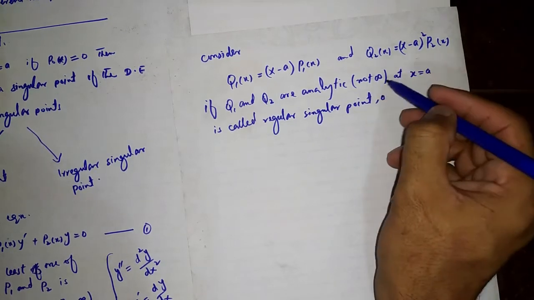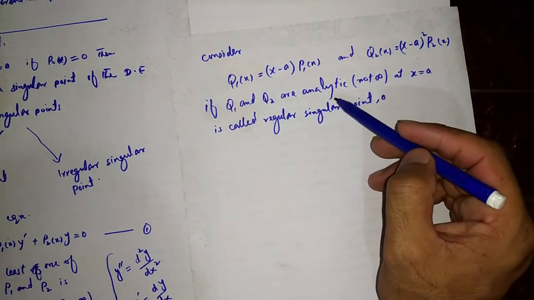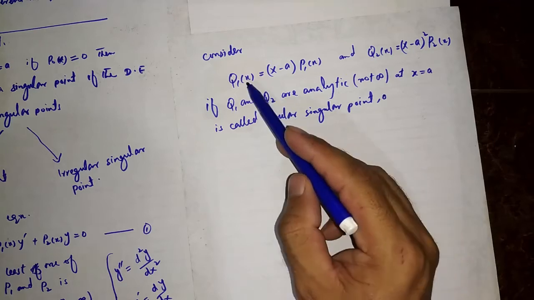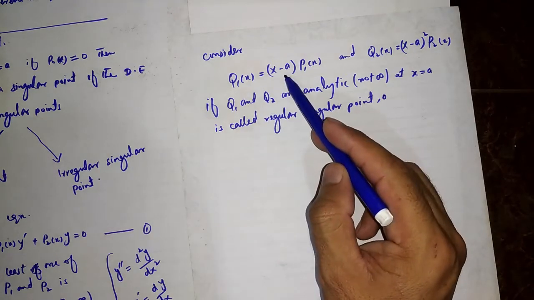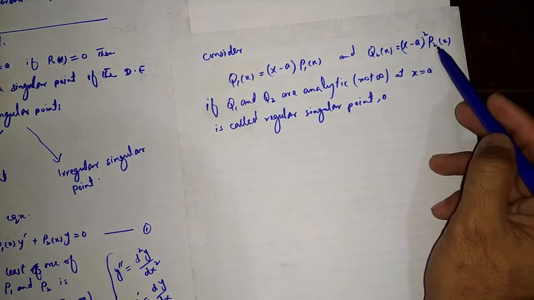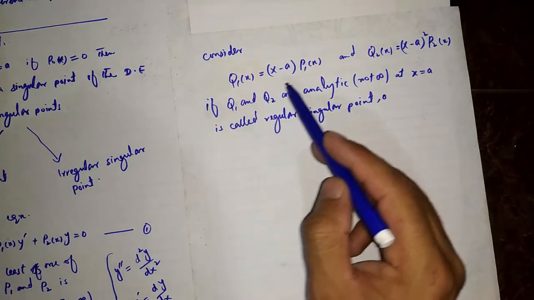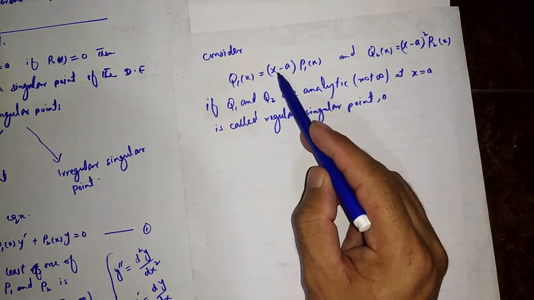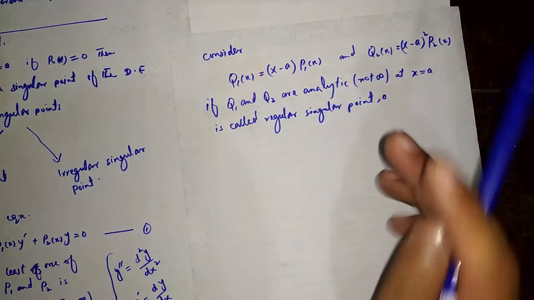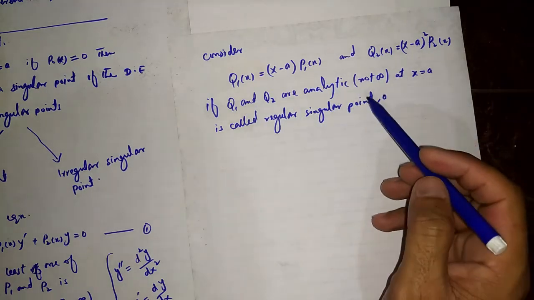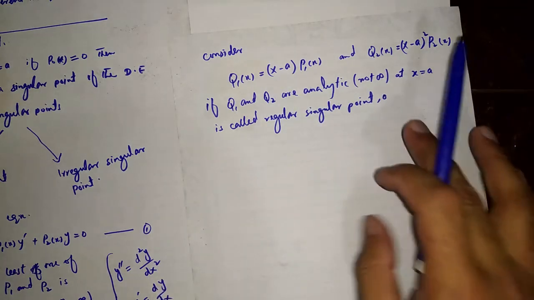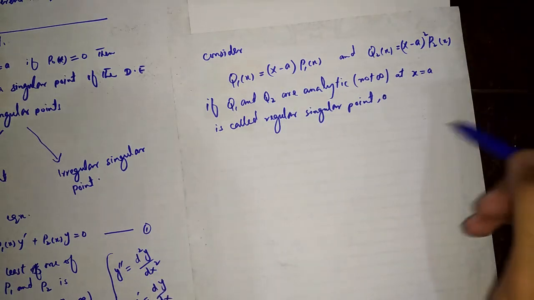That is, q1 of x equals x minus a p1 of x, and q2 of x equals x minus a whole square p2 of x, and if we substitute x equals a, both q1 and q2 are analytic, meaning they don't go to infinity, then such a point is known as a regular singular point.